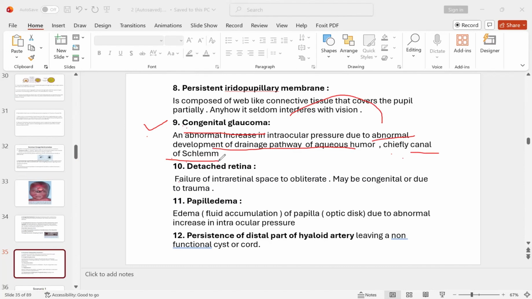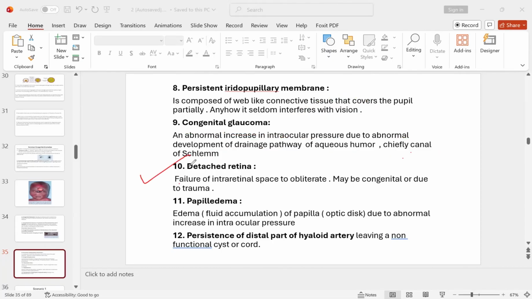And if the aqueous humor is not drained properly, then the amount of aqueous humor in the eye is increased, and this increase will result in an abnormal increase in the intraocular pressure. And we know that the abnormal increase in intraocular pressure is known as glaucoma.